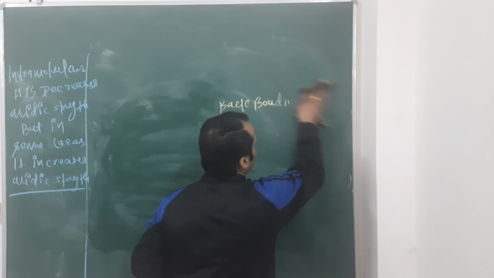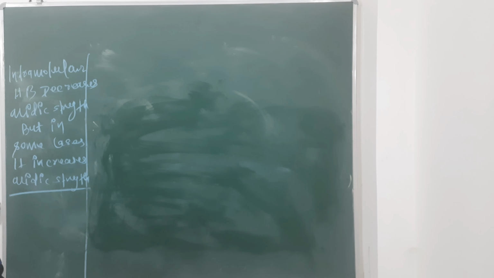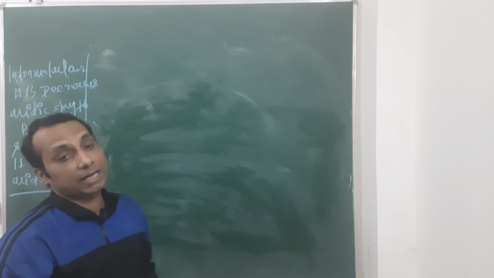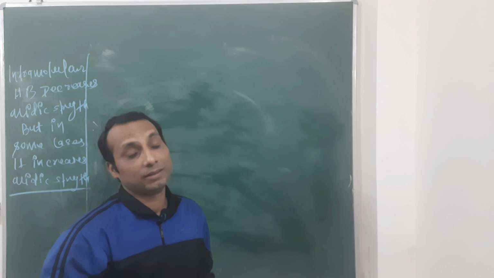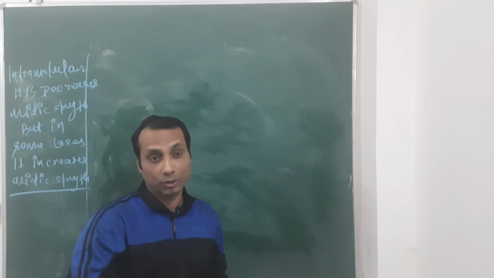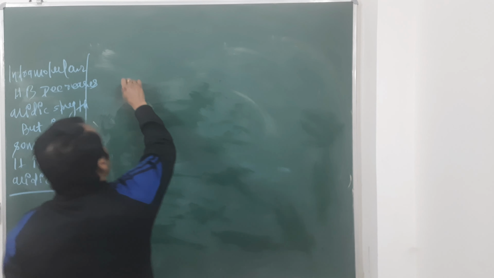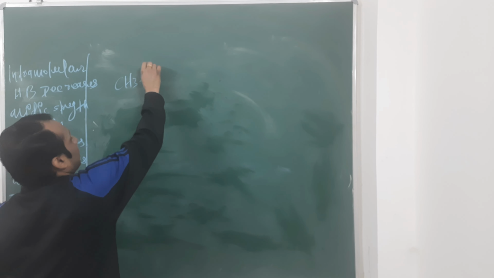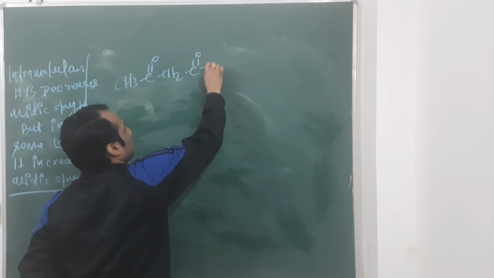Here I write one example. That example is acetylacetone, which is a tautomer. This example has the most enol content, you remember, as compared to acetoacetic ester. See here, CH3 C double bond O, CH2 C double bond O CH3.